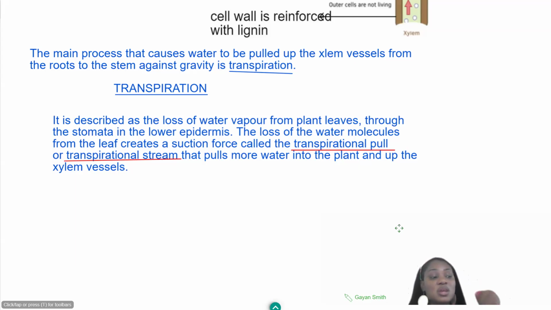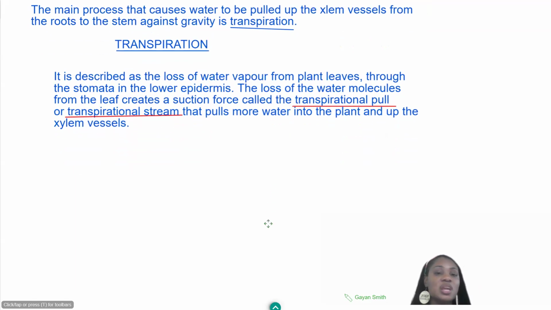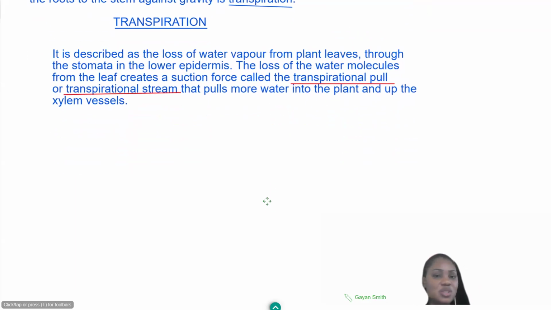So the plant might want to close its stomata to prevent itself from losing too much water so it doesn't wilt. Those are some reasons why the stomata will close. Also, in the night, when the plant is not doing much photosynthesis, it might not have as many stomata open as well.